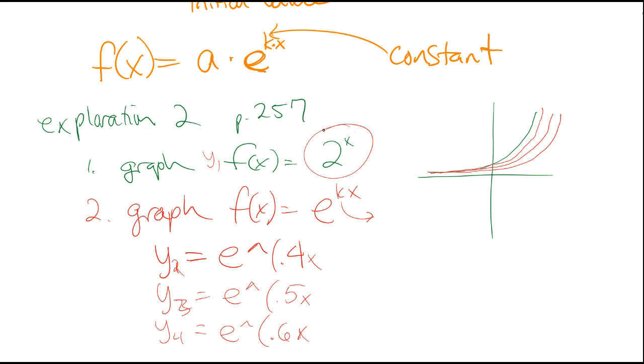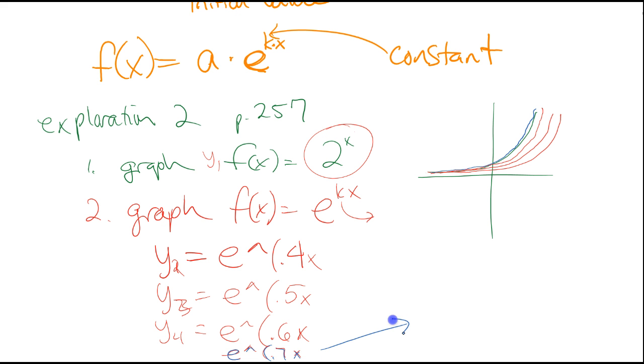So what is the exact value? If you look at e to the 0.7x, that one, I'll make it blue. That one is actually just barely on the other side of your original line, but quite close.